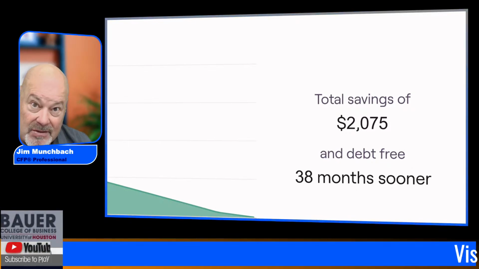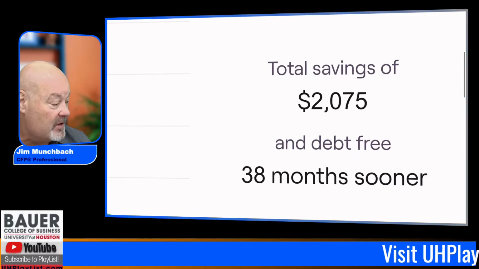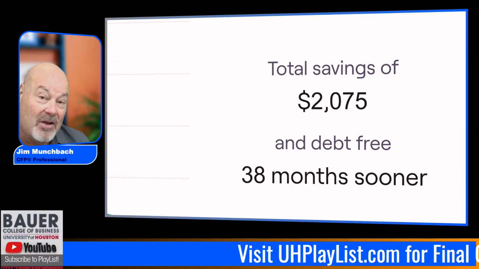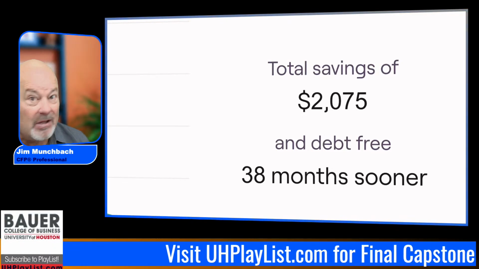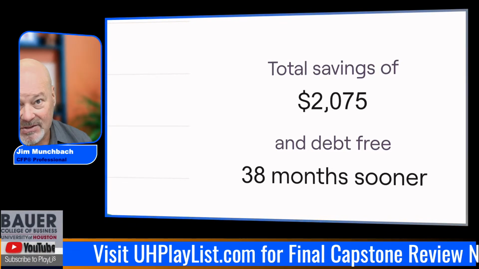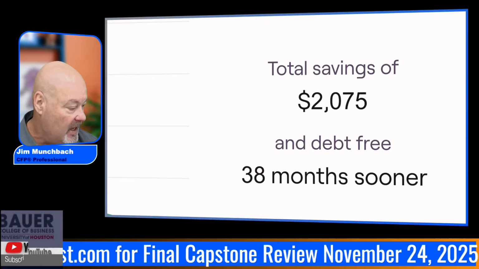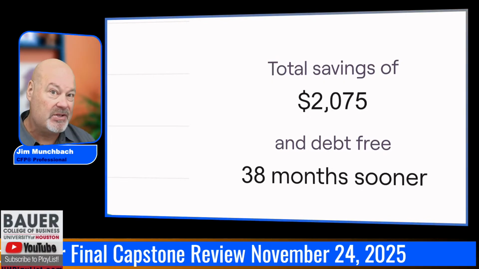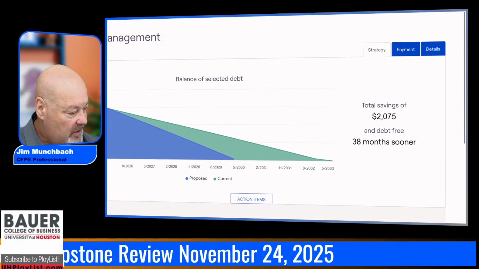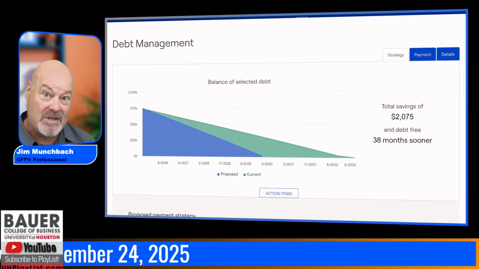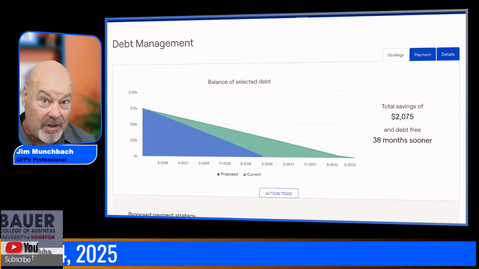But in your case, if you see that you have a number there that's like $127 million, well, that could be because maybe you just put in some big loans with big interest rates with very low minimum payments. And then once you popped in a strategy, RightCapital came back and said, whoa, you're going to have a massive amount of savings, $100 million.